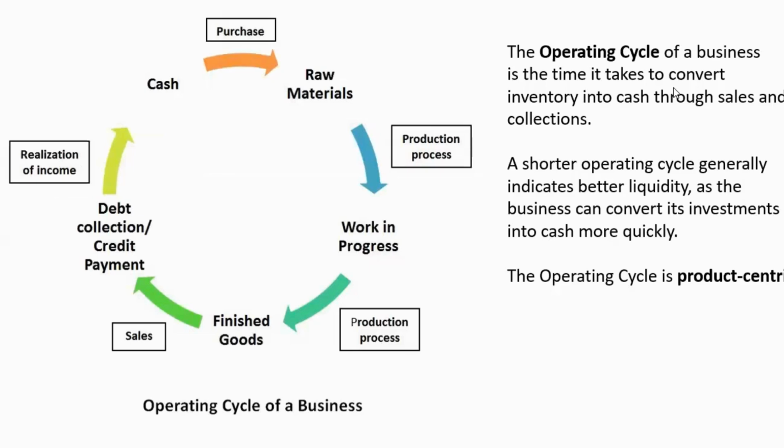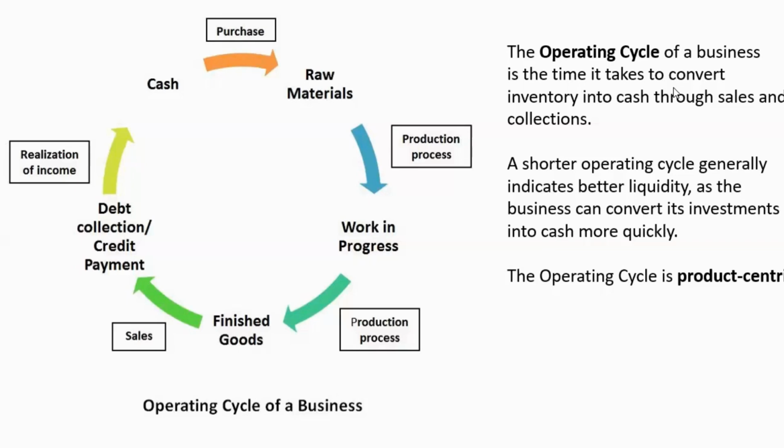The operating cycle measures the time it takes for a business to convert its net working capital into revenue. We can see the image over here. From purchase of raw materials, to the production process, work in progress, finished goods.